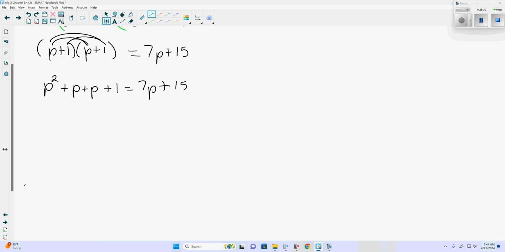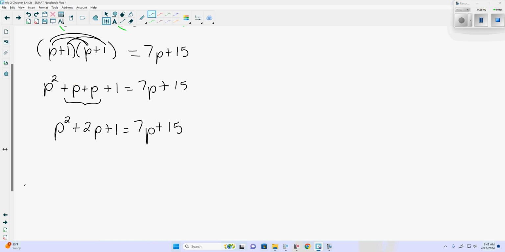So yes, as we see, we do have p squared and we do have 1, but we are missing the middle term. We still have a middle term of p plus p. And p plus p is 2p. So when we squared the left-hand side, p plus 1, we ended up getting p squared plus 2p plus 1. We ended up having that entire quadratic.